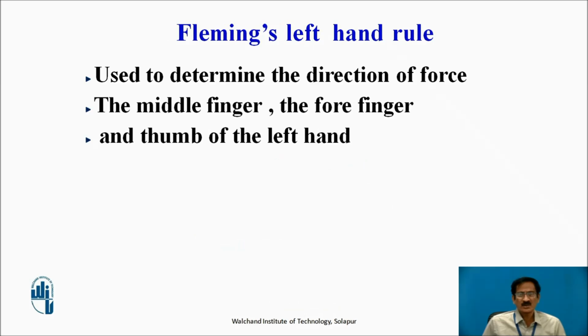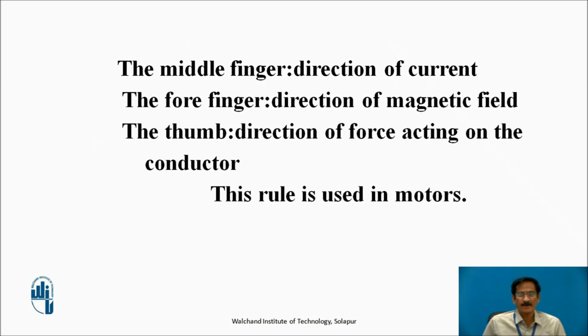This is used to determine the direction of the force. The middle finger gives the direction of the current flowing through a conductor, the forefinger indicates the direction of the magnetic field present, and the thumb gives the direction of the force acting on the conductor. This rule is used in the motor. So in this case, the input is electrical energy and the output is mechanical energy.